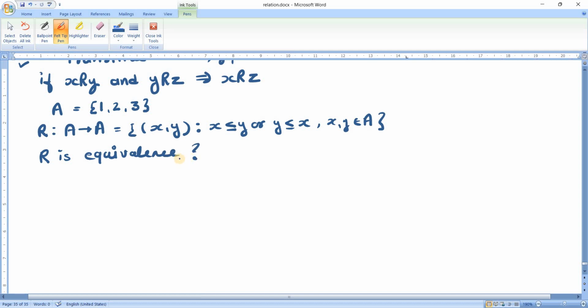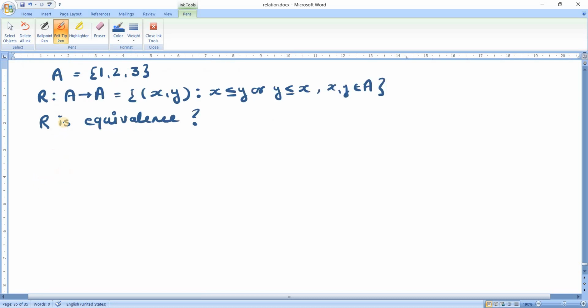We will check this R for all these three conditions. Before we check whether this R is reflexive, symmetric, and transitive, let's create the relation R, that is, what ordered pairs we will have in this relation R. The set is A, so we'll start from A. The first ordered pair will be (1, 1).